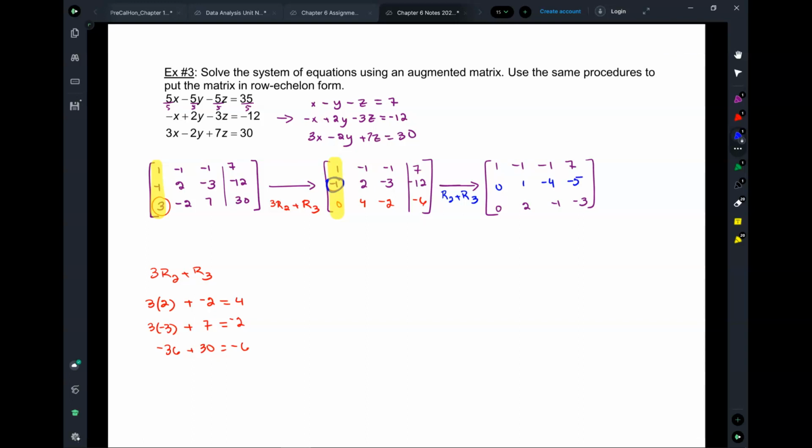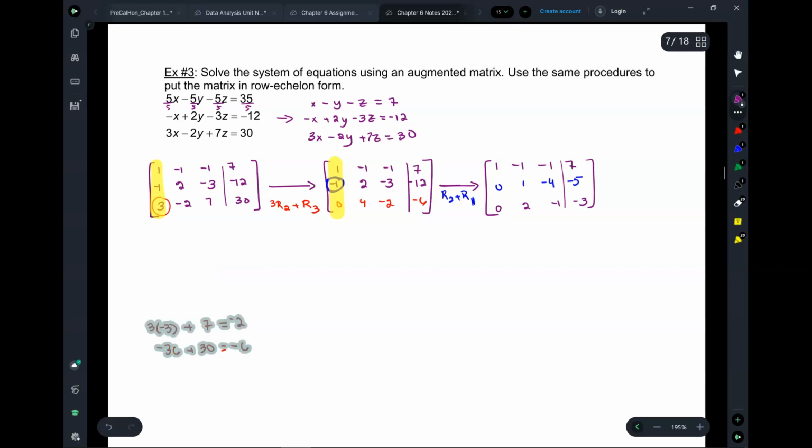I'm sorry. R2 plus R1. Same thing, yeah. That one was easier to change, okay? Okay, so we're almost there. The only other thing left is that 2.